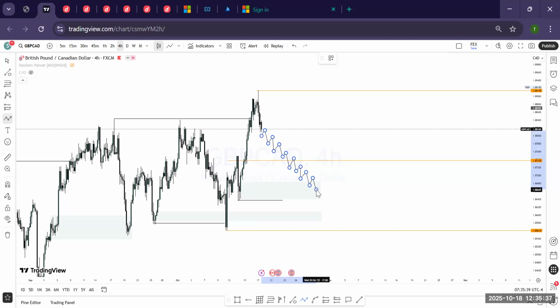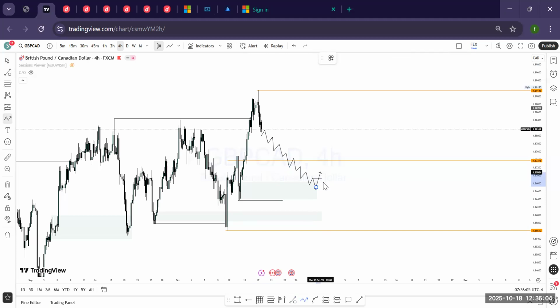So on a lower time frame, we expect price to tap to this POI. And what is the confirmation we'll be expecting? We're expecting price to give us a change of character. That means we expect price to take this high, something like this. Now, for price to take that high, that is a change of character.